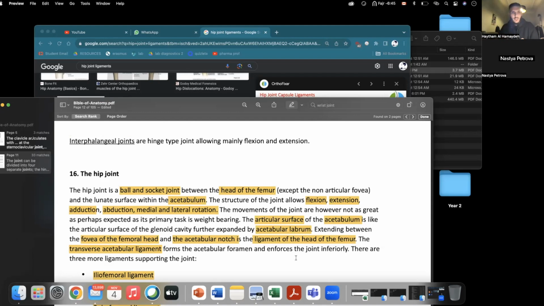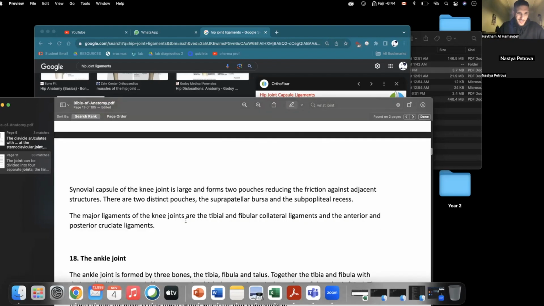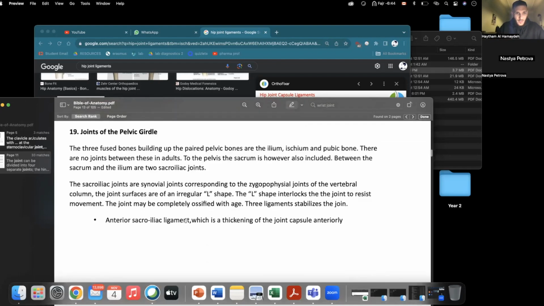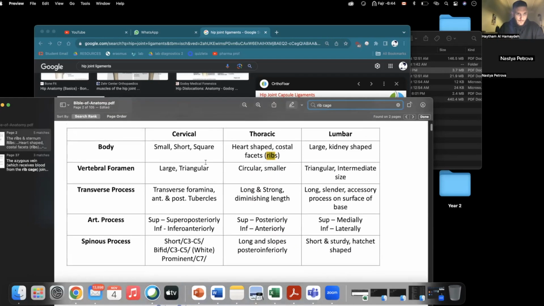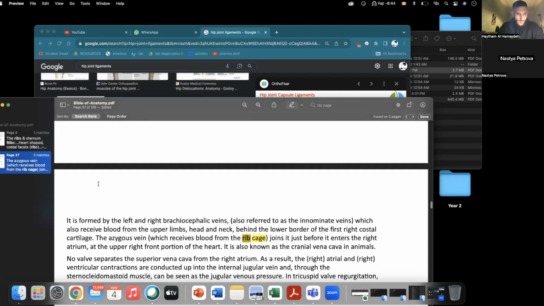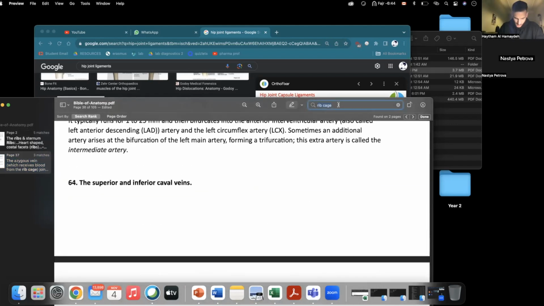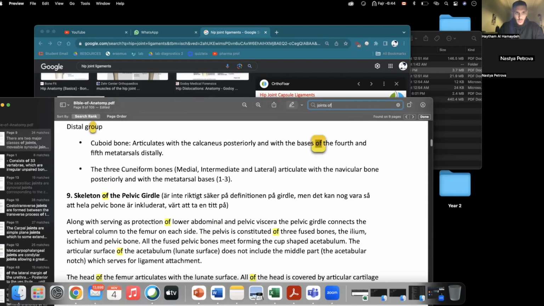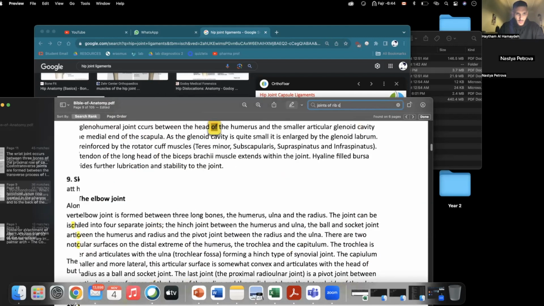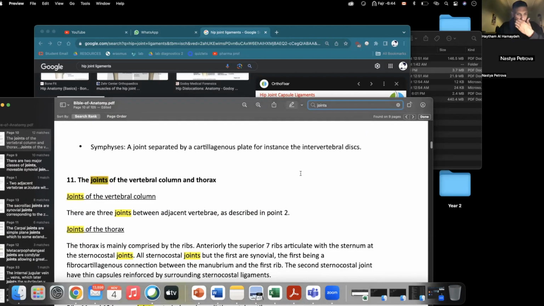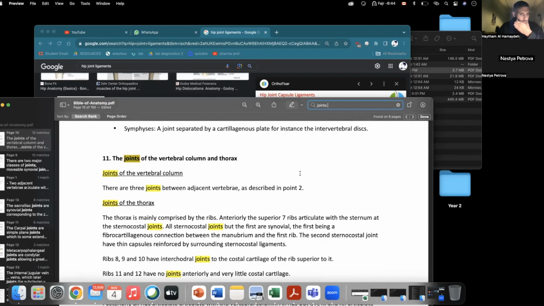This one is a very interesting one, and I actually like it. Rib cage. Wait.